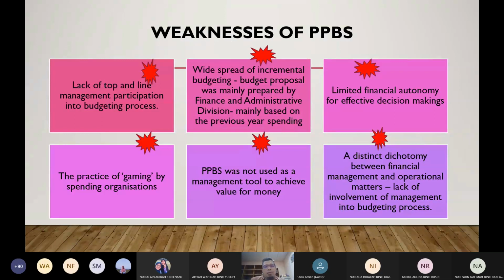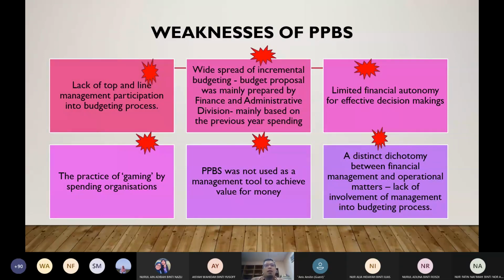Right, and partly the introduction of program-based MBS is to address the weaknesses of program-based budgeting. I think some of the points I mentioned just now are also related to these weaknesses: lack of top and line management participation in the budgeting process. Of course, in principle, in theory, program-based budgeting should be participative.